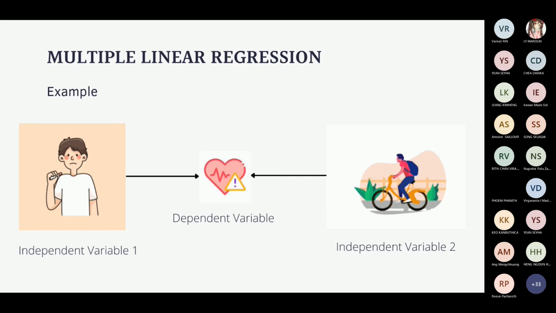We also go to 3 different towns to get three different results. Because we have 2 independent variables, which are smoking and riding a bike, and 1 dependent variable, which is heart disease, we can use multiple linear regression to analyze the relationship between them.